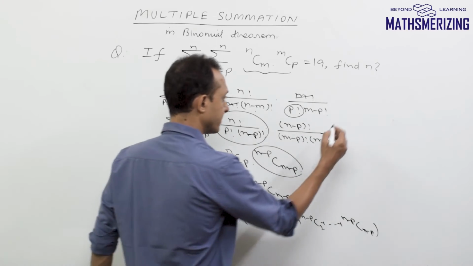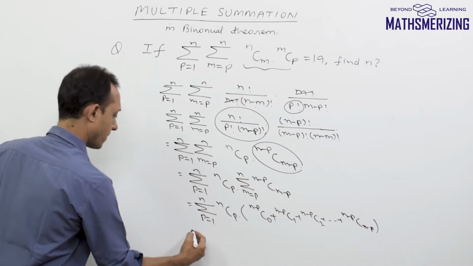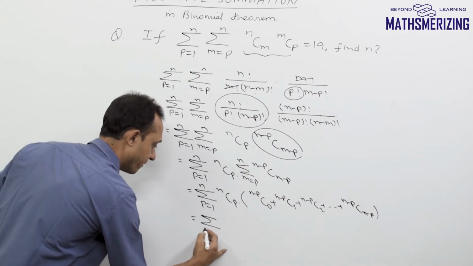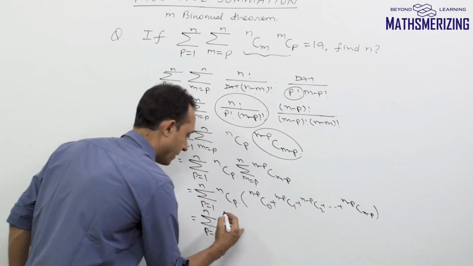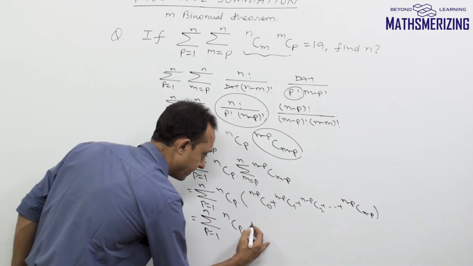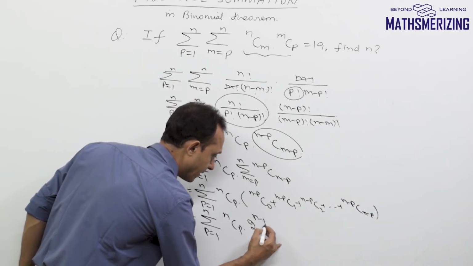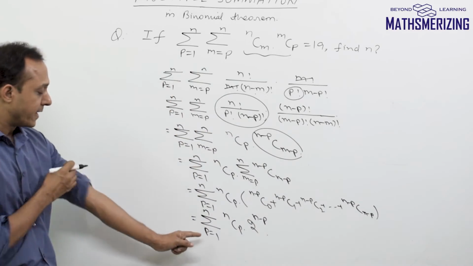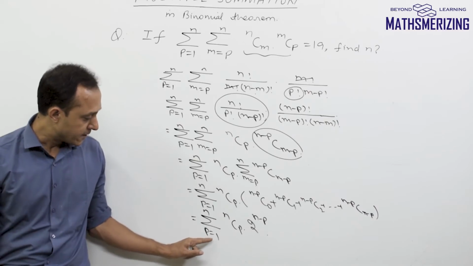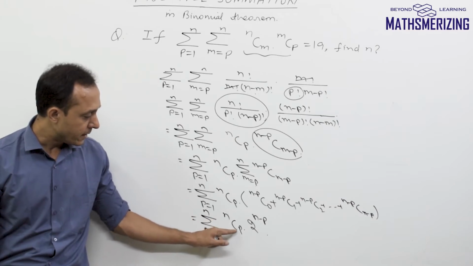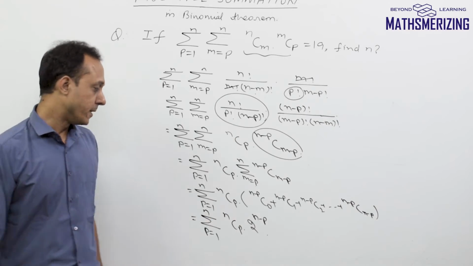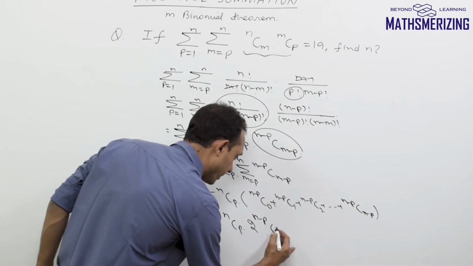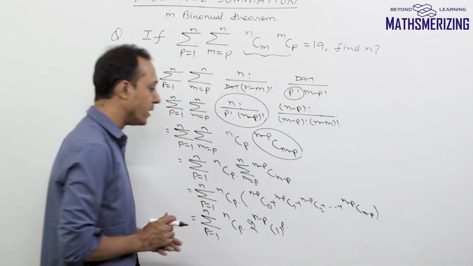So I can write it as summation, the value of p varies from 1 to n, nCp, and 2 to the power n minus p. Now I need to find the summation, which is the value of p varies from 1 to n, nCp, and 2 to the power n minus p. Now what I'm going to do is I'm going to also write it as 1 to the power p.